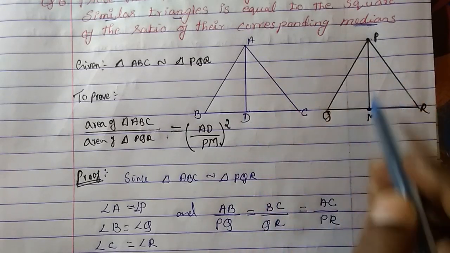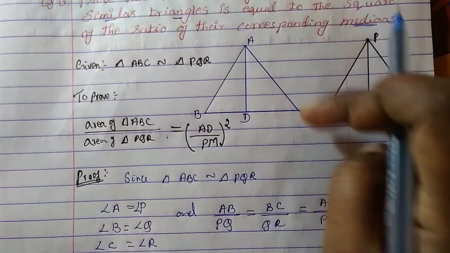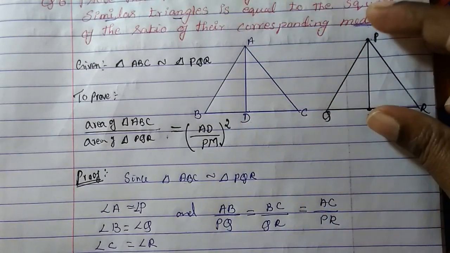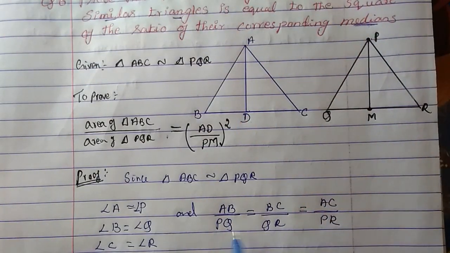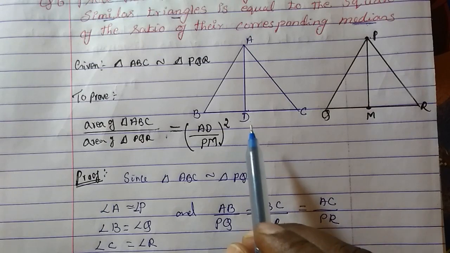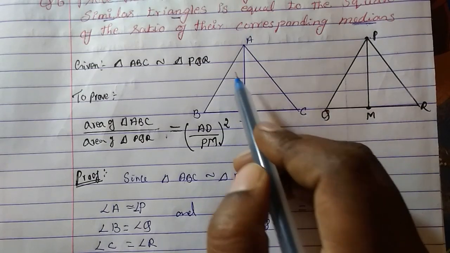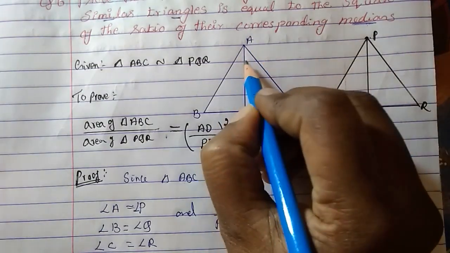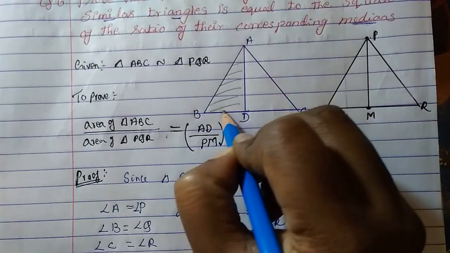Nothing to do with the median. So what we will do, if any one side we get equal to this median, then we can prove this. So to get it, we'll concentrate on this triangle.